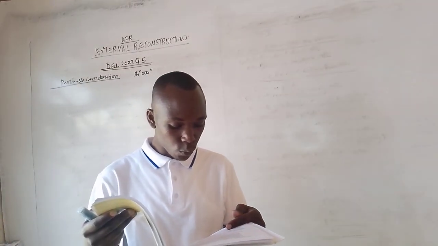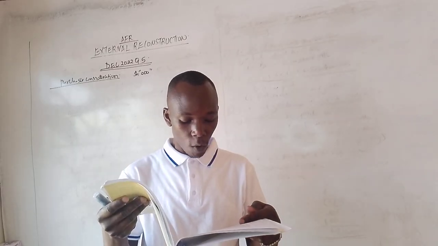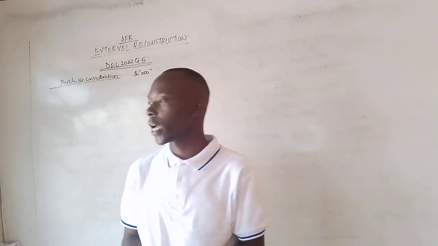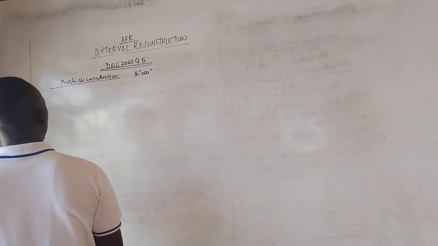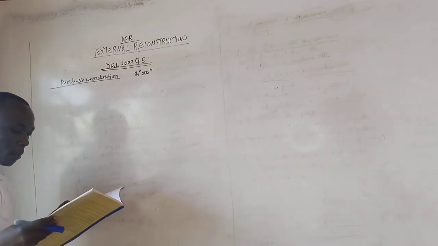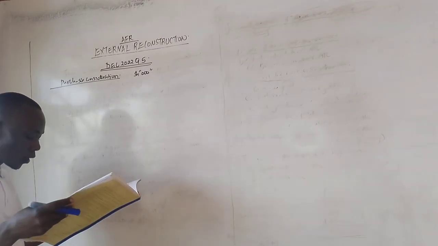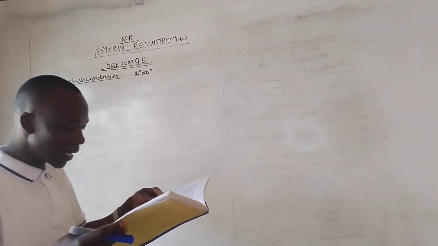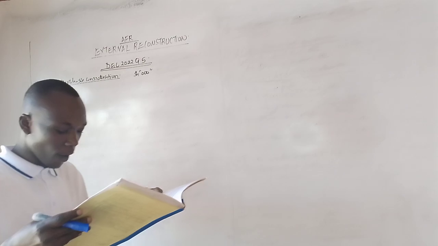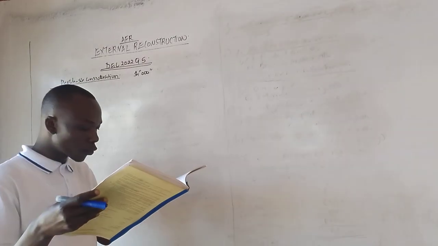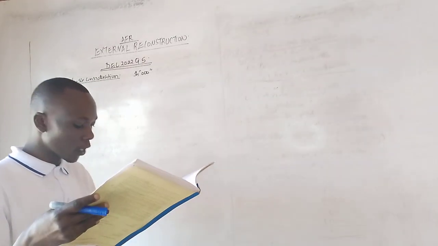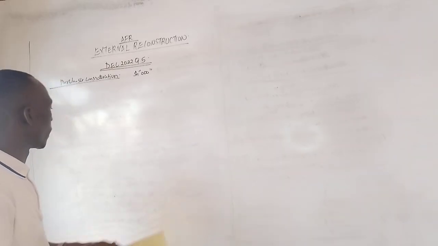Then number 2, Tawi Limited, the new company to be formed, issued 4 new ordinary shares of shillings 10 each, credited at shillings 5 each, for every 2 preference shares held in Tahidi Limited.